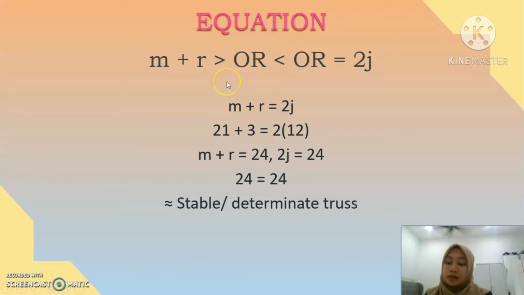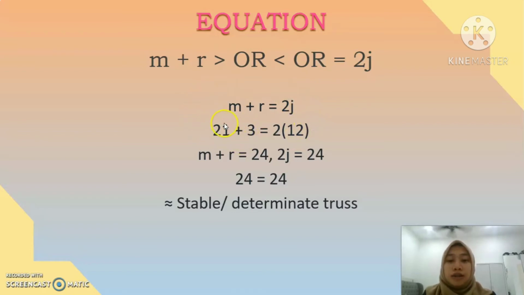So for this model, we use the equation m plus r more than or less than or equal to 2j. This equation is to determine the stability of the model project. For this equation, m is members, r is reaction, and j is joints.